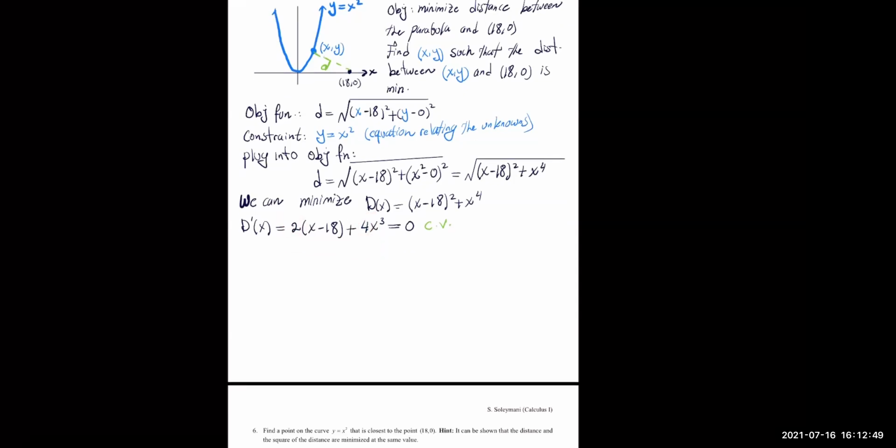You can just divide 2 out and get rid of it and write this as 2x cubed plus x minus 18 equal to 0. So that's our equation. It's a cubic equation, as I said. I don't know where I got these problems from. But the question is, how do I solve this equation?